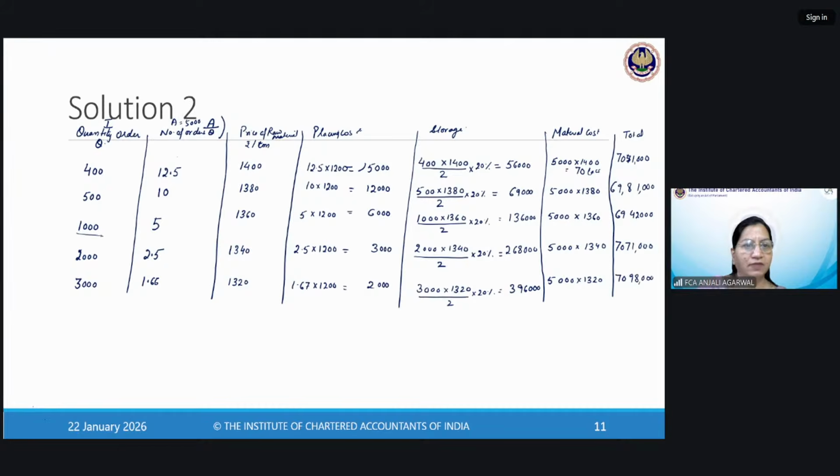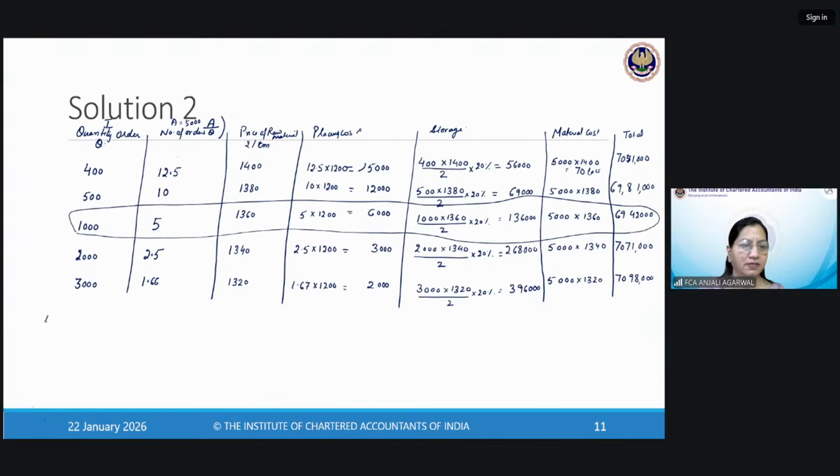So where do we have the best or the least cost? Here. So our answer is we should place an order for 1,000 units at a time.